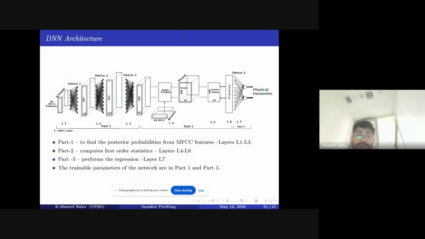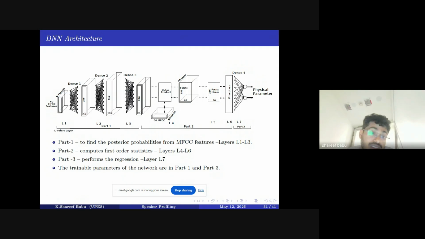In the first part, we have computed the posterior probabilities from the MFCC features which we have obtained. Initially we had computed the first order statistics. That was my first feature representation, right? So we were trying to represent the same replica of the first order statistics from the raw audio itself. Sorry, from the MFCC features.